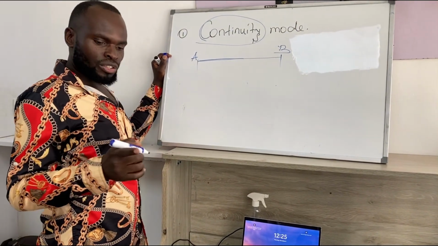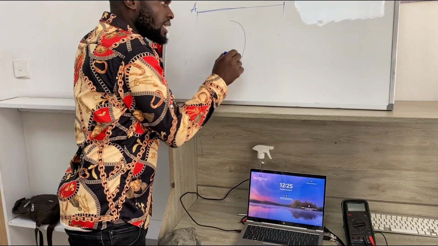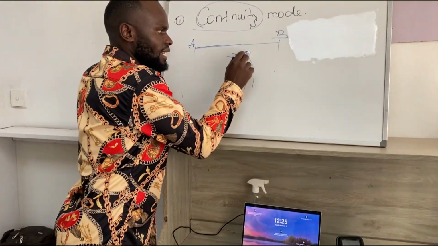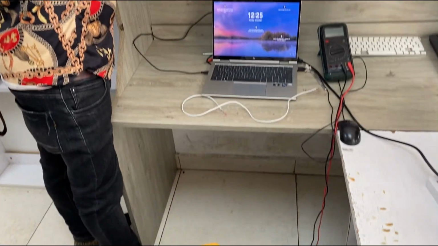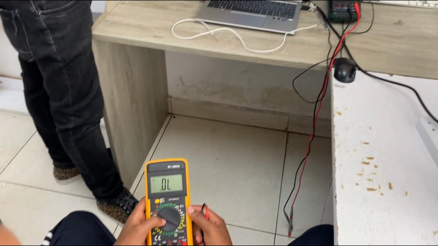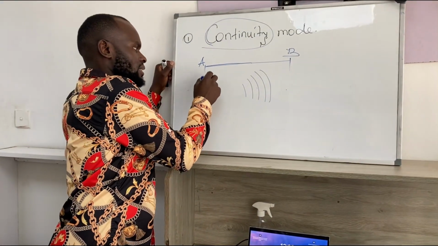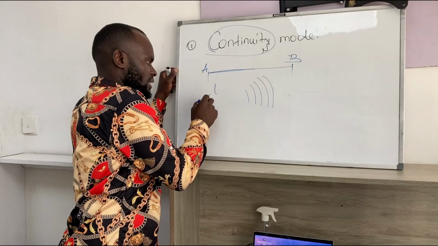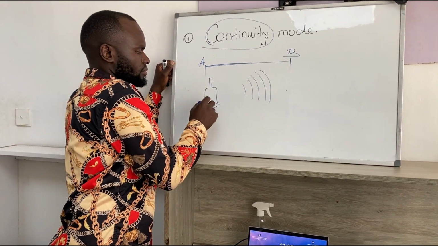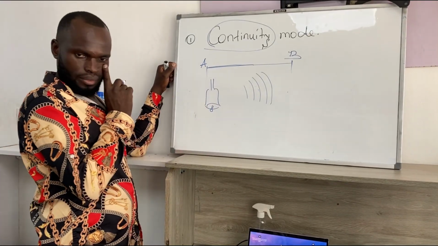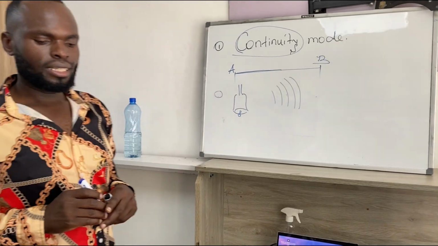Under continuity mode on your multimeter, you will turn your multimeter to a section that has something like this. Let me draw it properly. Something wavy like this, or something like a bell, or sometimes it is just a light that lights up whenever a circuit is complete.